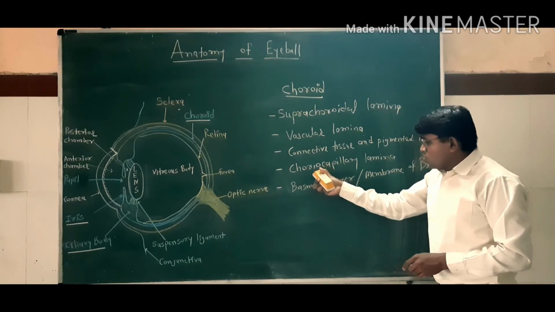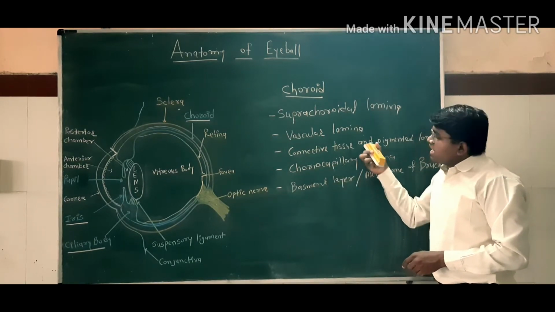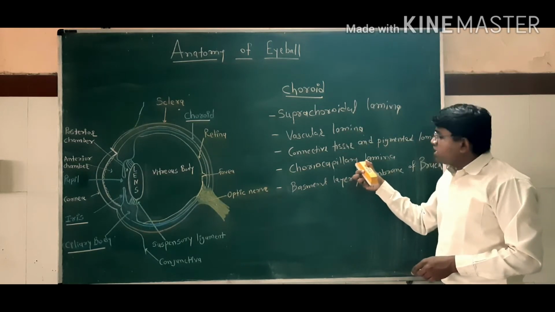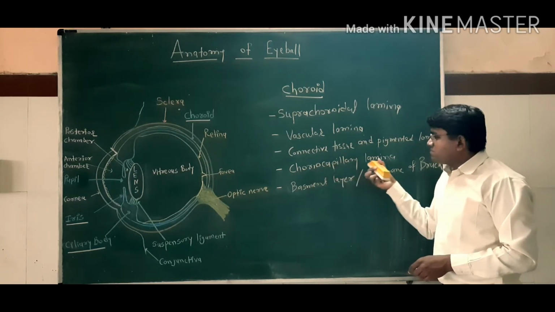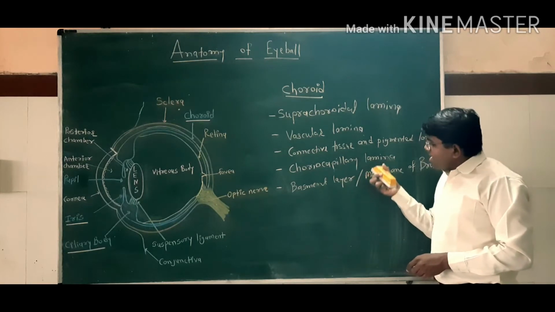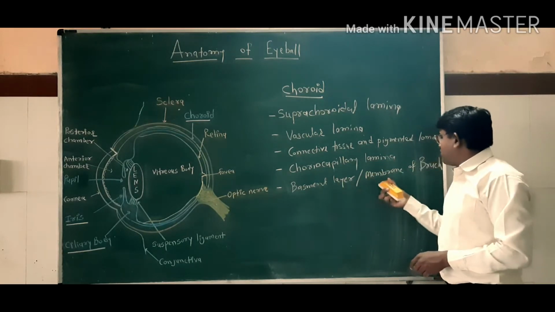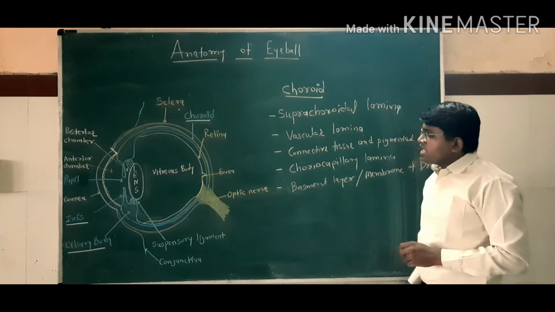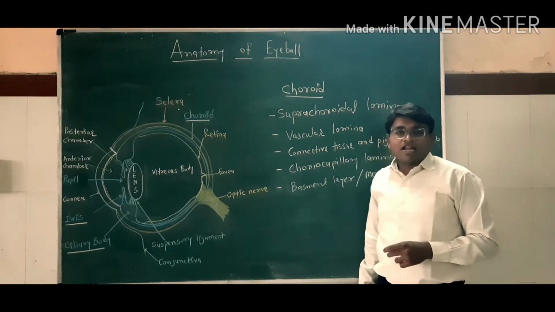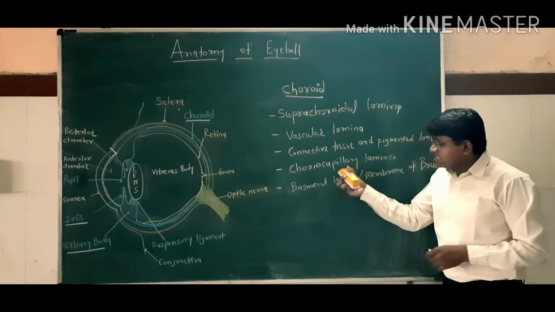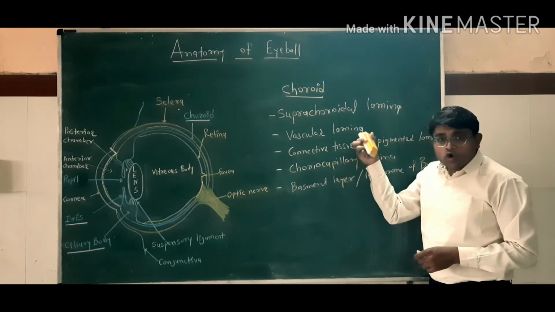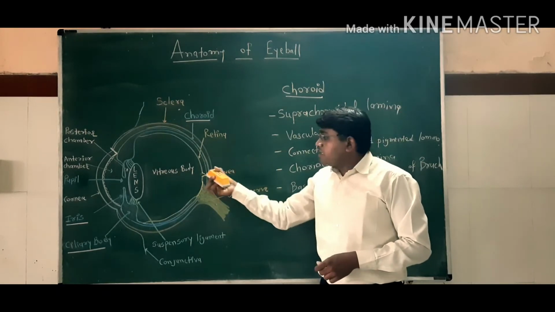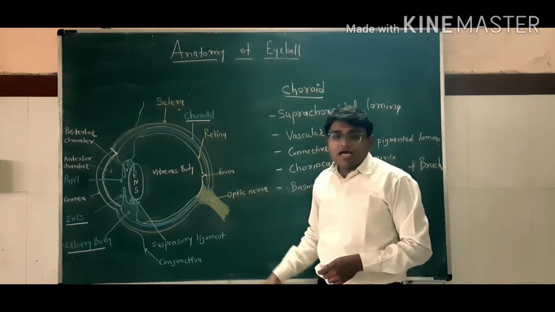Then the choriocapillary layer. Inside that, the vessels split into capillaries, and these capillaries are present in this layer. Then after that there is the basement layer, or the membrane of Bruch. This basement membrane is firmly adhered to the retina, and these capillaries of the choroid also supply blood to the retina.